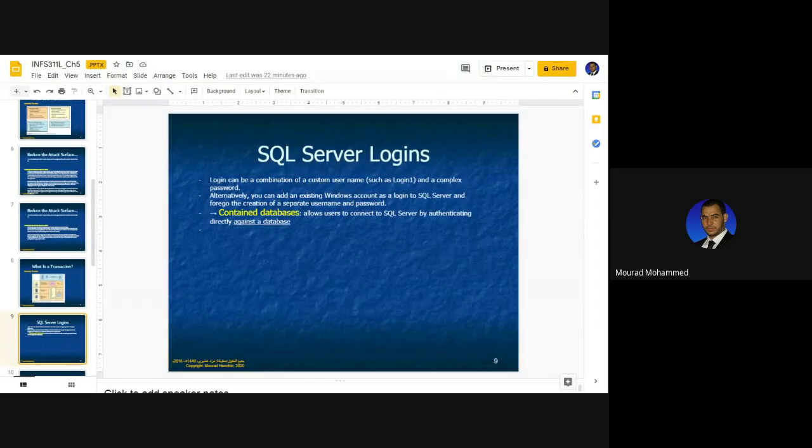Yet, in addition to the connection, there will be a session generated at the same time, and this session will help logins to be granted server-wide permissions to perform certain actions.